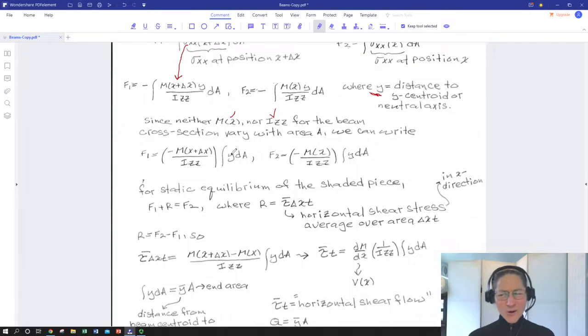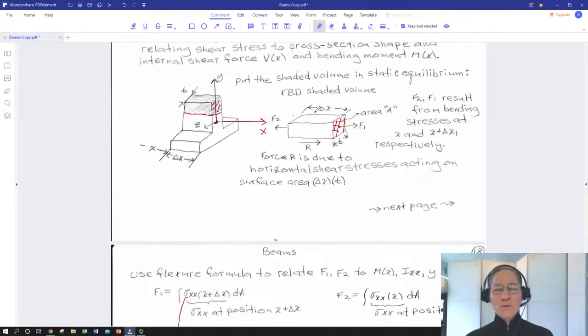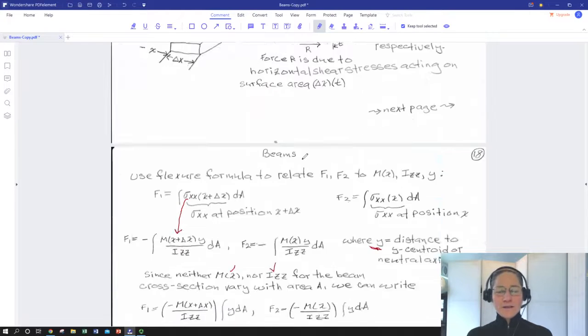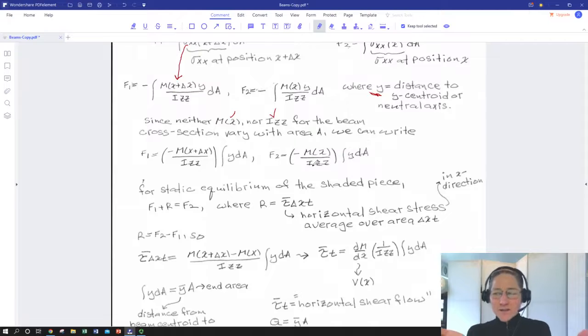That's not the whole cross-section area, right? Because remember, this is all coming from putting this little rectangle into static equilibrium. So I'm integrating over this area A, not the whole area of the entire cross-section. It's the area of this little top that I've whacked off, that I'm relying on shear force R to keep attached to the rest of the beam. A little thought experiment there.